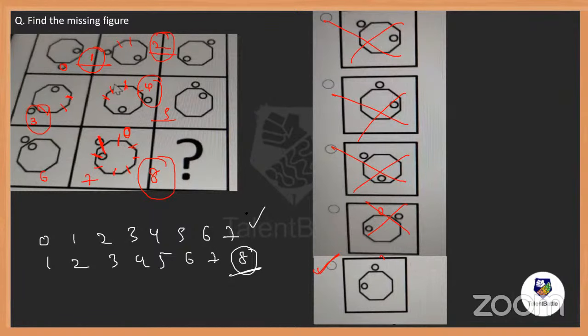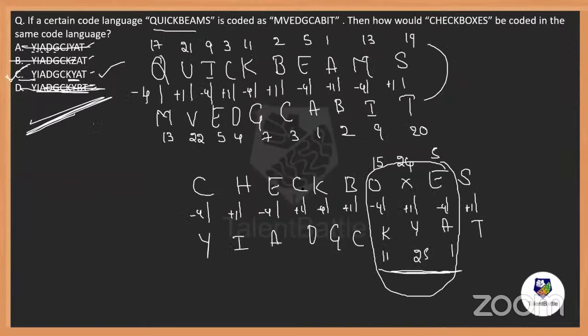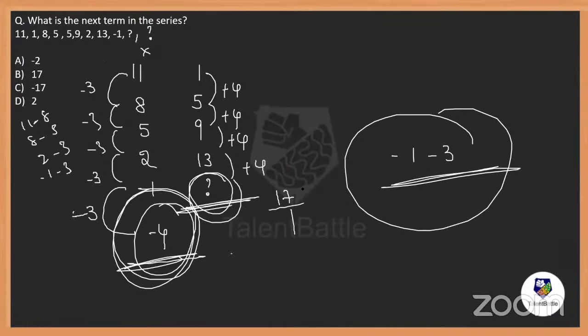So these are the kind of questions that appeared in abstract reasoning before in Accenture, and we have solved exactly the previous questions. And these are the topics they have focused on: visual reasoning, letter series, analogy, coding and decoding. And we have seen some examples also, number series.